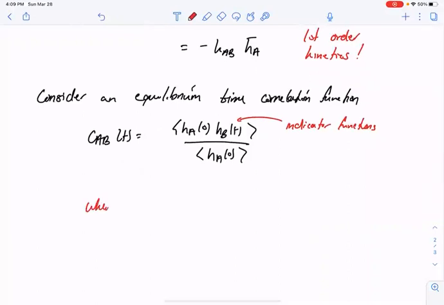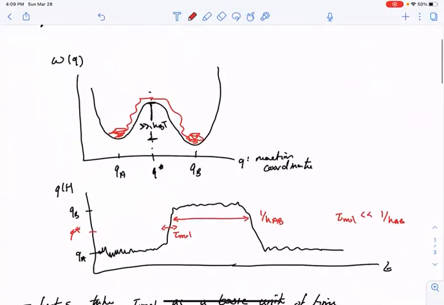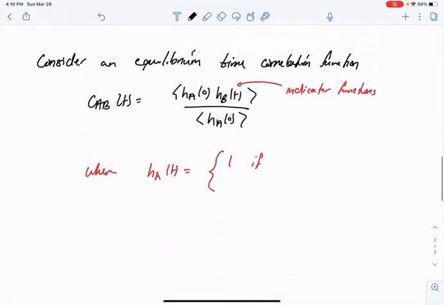Specifically, h_A at t is equal to 1 if, in our one-dimensional example, we are in basin A. So let's call basin A everything over to the left of q star, and everything to the right, let's call state B. So this is an indicator that tells us whether or not we're in A or not.